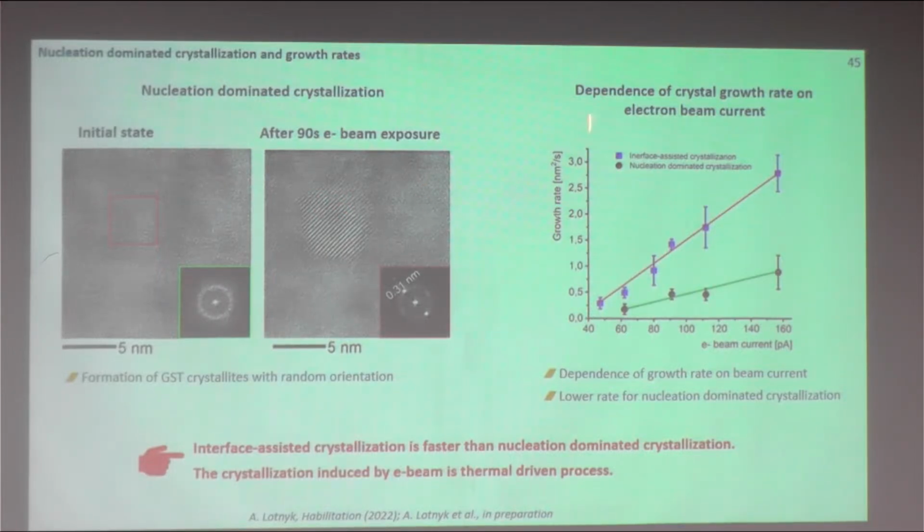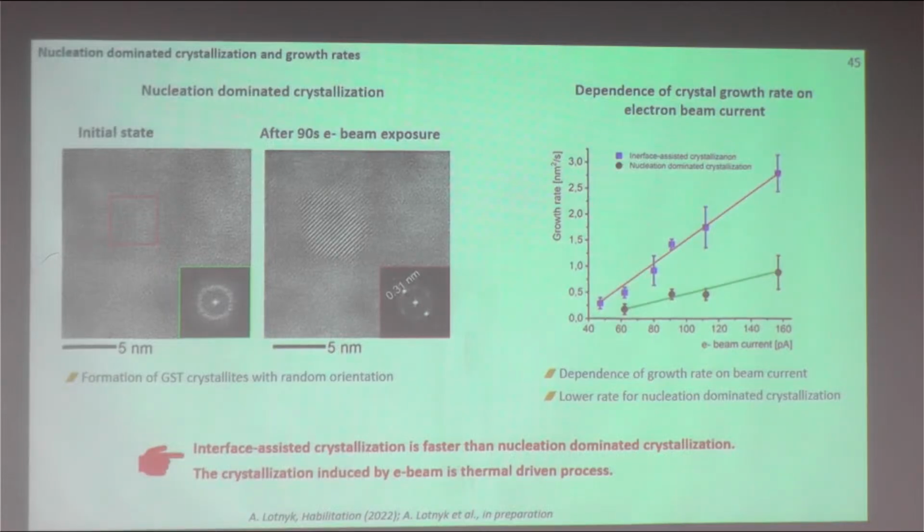Here we can also quantify, we can do different experiments using such crystallization. And we can see that if you use an interface for the crystallization, the growth rate is much higher compared to when we just allow the GST to crystallize from the amorphous matrix. So we see that interface-assisted crystallization is faster than nucleation-dominated crystallization.